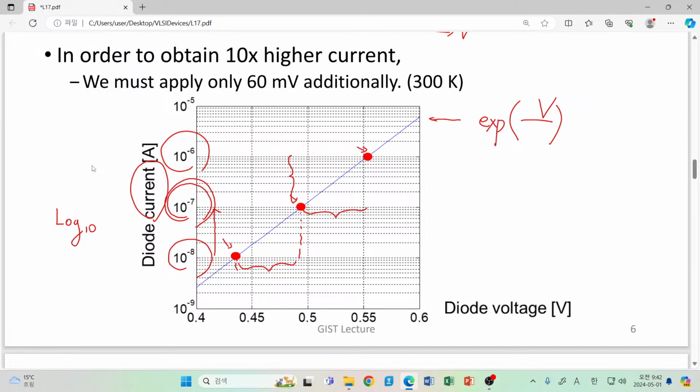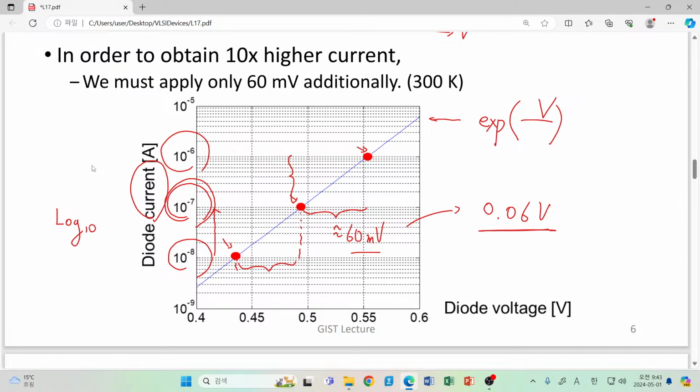And you can find that the voltage required to increase your current 10 times is approximately 60 millivolt. Please note that 60 millivolt, when you just write it in volt units, is just 0.06 volt.